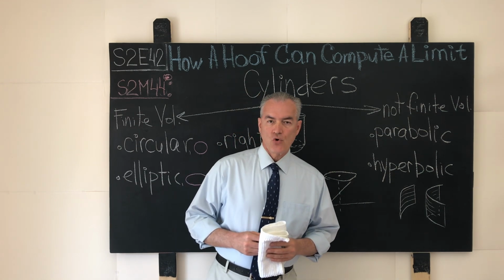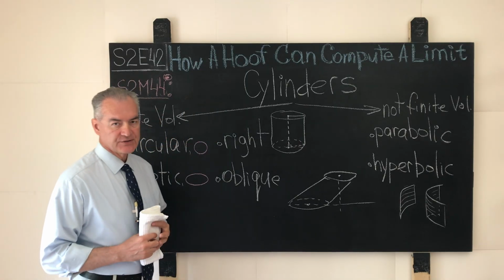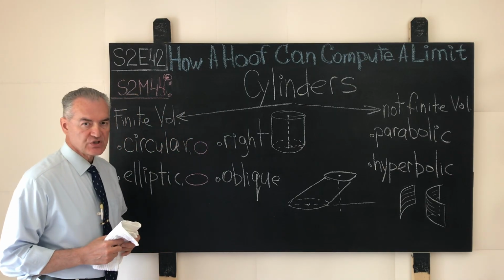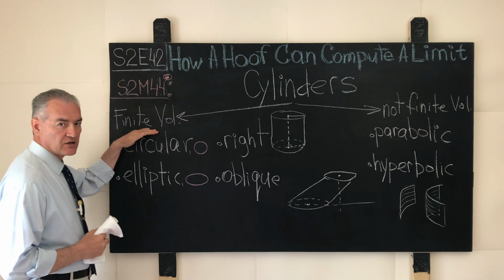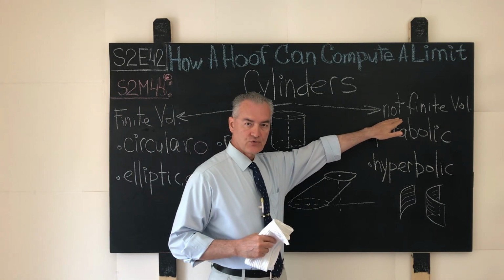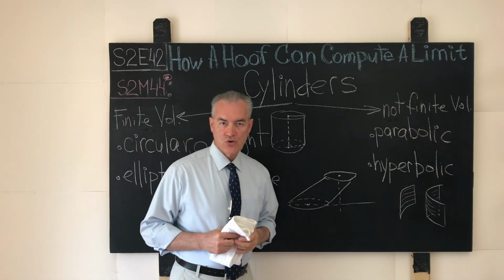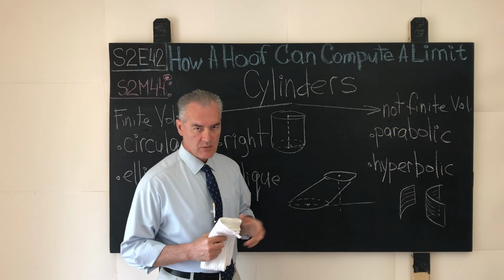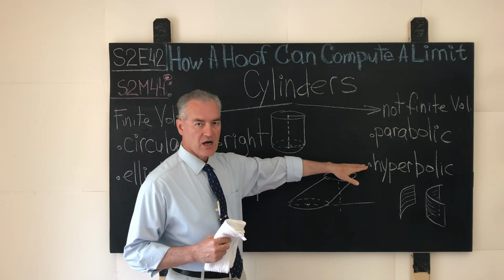For our purposes, all the cylinders out there can be sorted into two distinct piles. In other words, we can distinguish the cylinders that enclose a finite amount of volume and the cylinders that do not enclose a finite amount of volume. The cylinders that do not enclose a finite amount of volume come in two interesting flavors: parabolic and hyperbolic.